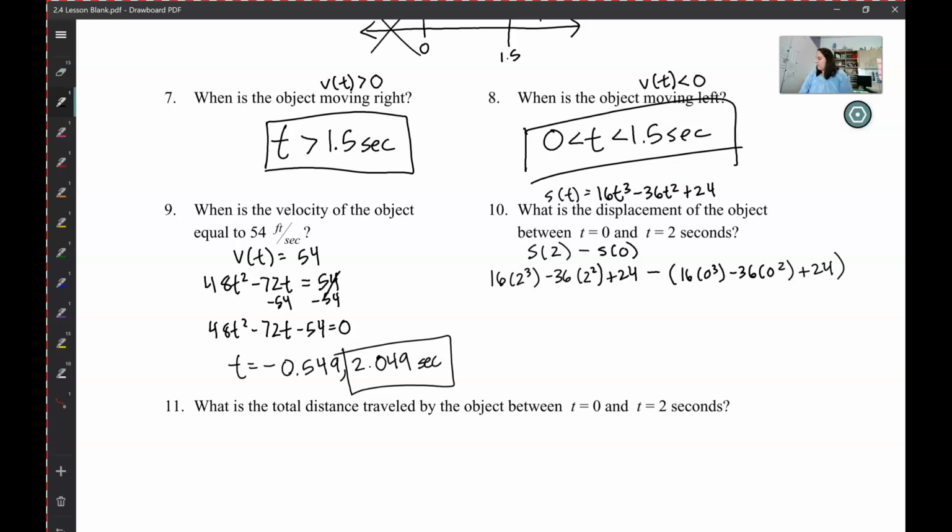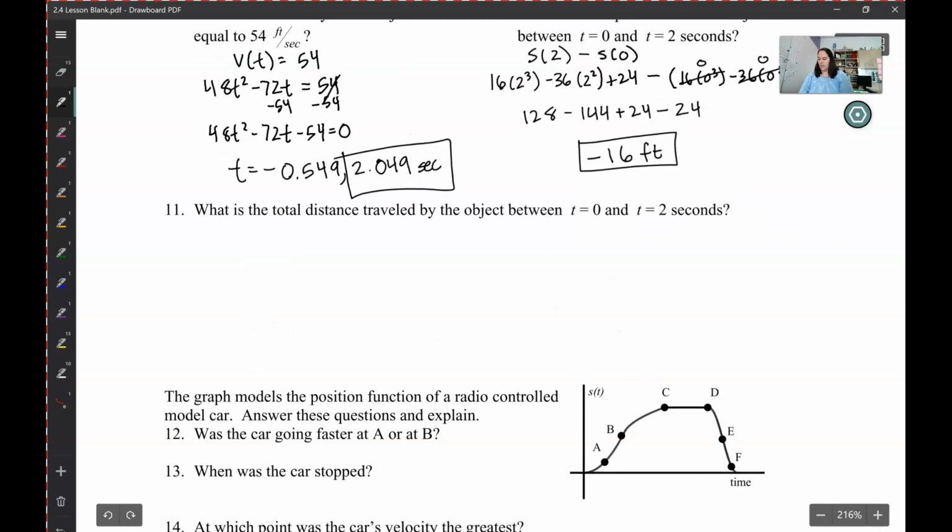So if I simplify this, I should get 128 minus 144 plus 24. This is going to be 0. That one's going to be 0. So then I have a minus 24. And if I simplify that, I should get negative 16. And this displacement uses position, so my units will be feet.